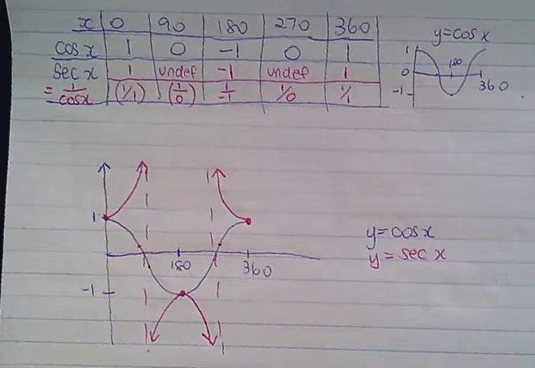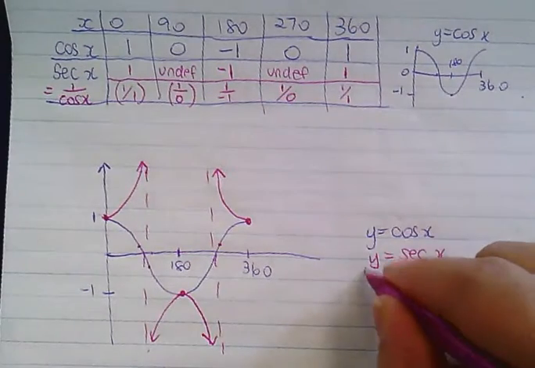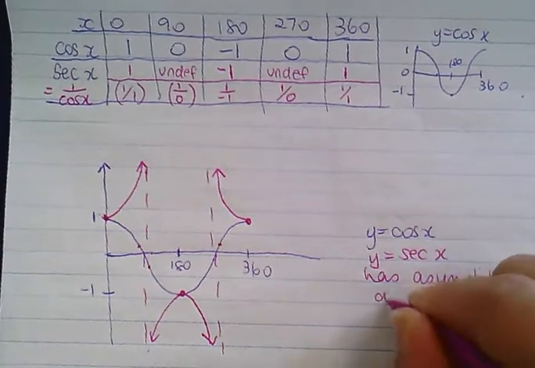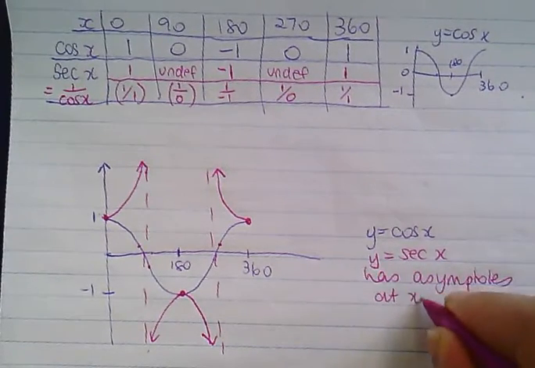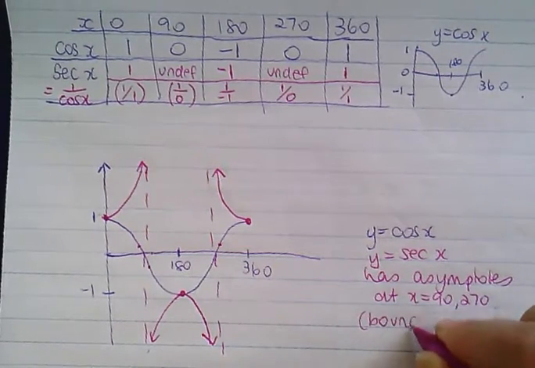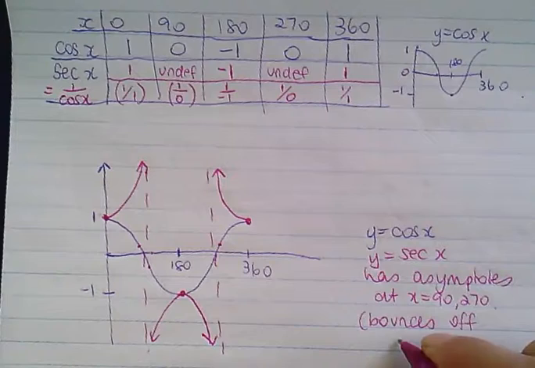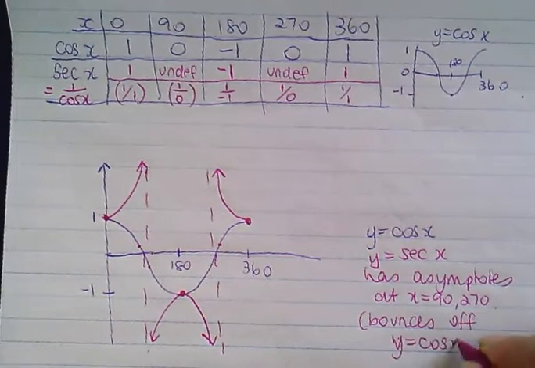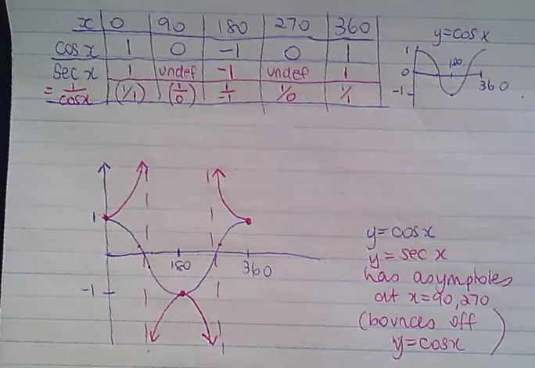Again, this one has asymptotes at x is 90 and 270, and it bounces off the curve y equals cos x. So the sec curve bounces off the cos curve. And that's how you learn how to draw it. You do a quick sketch of cos, and then you bounce it off.